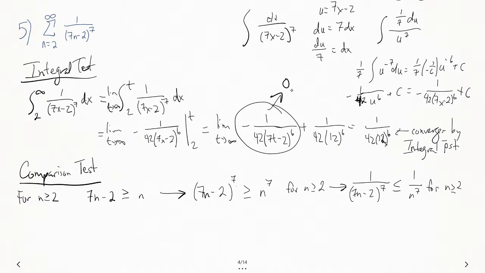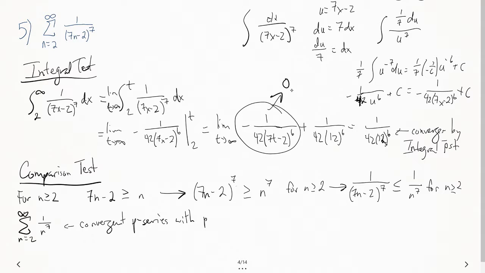Well, the big result here is, notice the summation n equals 2 to infinity of 1 over n to the 7th. This is a convergent p-series with p equals 7. So we have the larger series is convergent. By the comparison test, the smaller series is convergent.